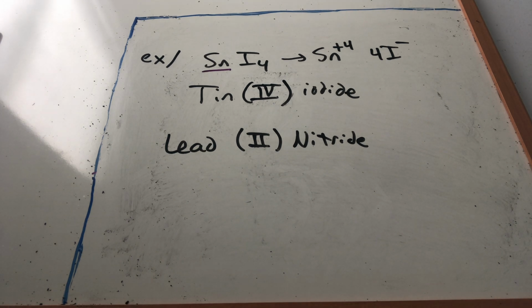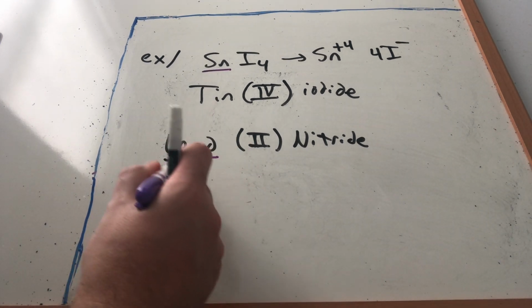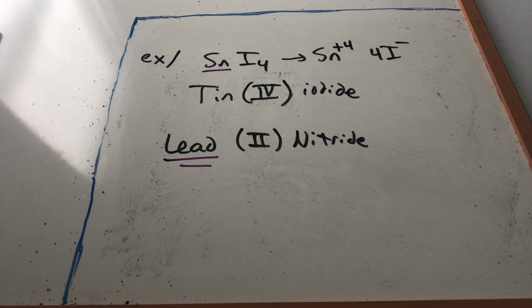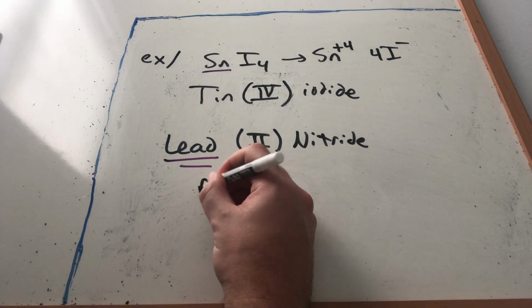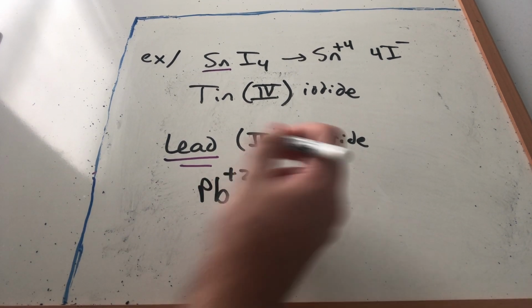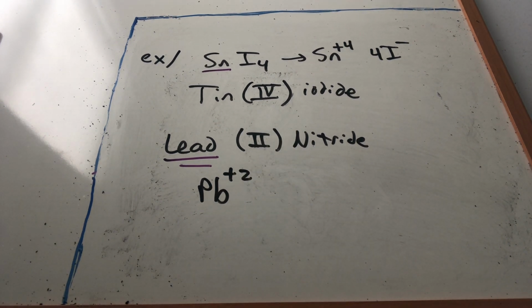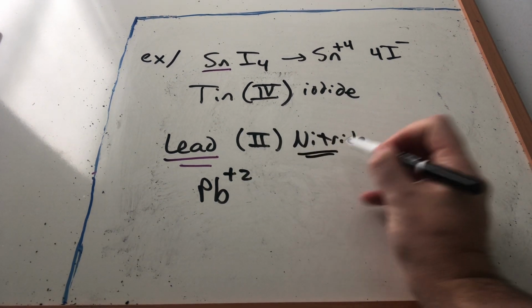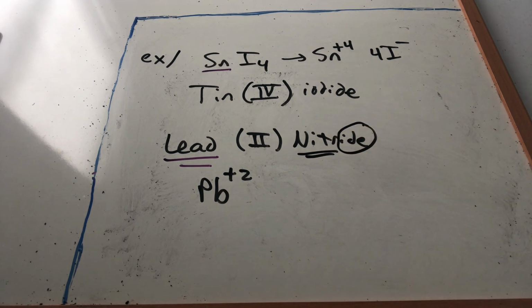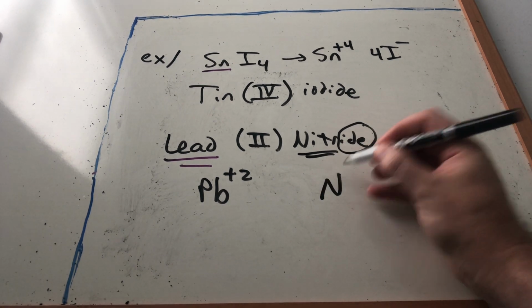Let's go in the opposite direction with lead(II) nitride. Even though lead is technically not in the transition block, it's still a metal that's treated like a transition metal. This tells me that lead, which is Pb, has a +2 charge. Now nitride ends in -ide, so it's coming from the periodic table. This is nitrogen.